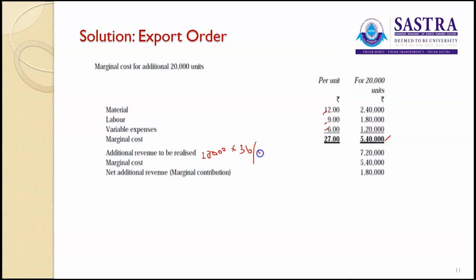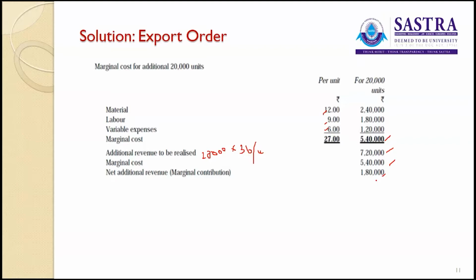So this will be said as 7,20,000. Marginal cost, we have arrived at 5,40,000. So what is your net additional revenue? We get 1,80,000. So when you are going to accept your foreign order, it is better that you will get 1,80,000 as your extra revenue.